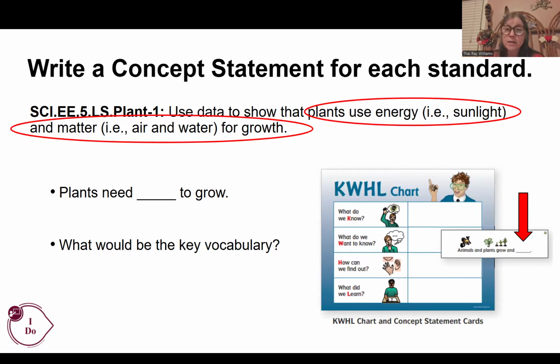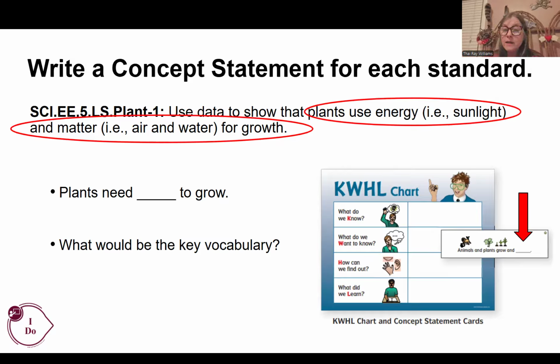And so for me, I might say, I know that my plants in my house, I have tons of plants, are beside a window, or I know that I water my plants every week, or I know that some of my plants are in water, the ones I'm propagating, while some of my plants are in dirt. So again, it depends on what your students know, and if your students know nothing, you can provide them with that knowledge ahead of time by having plants in the classroom and having them water them and putting them on the windowsill.